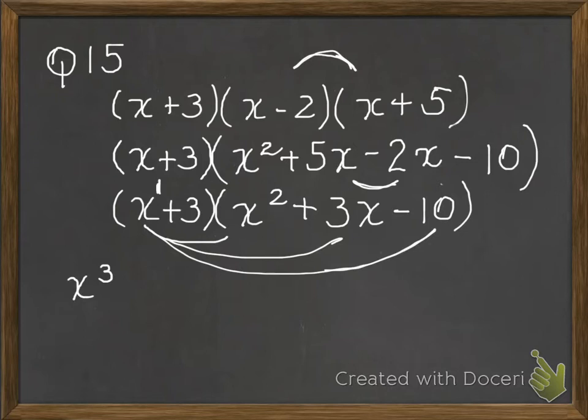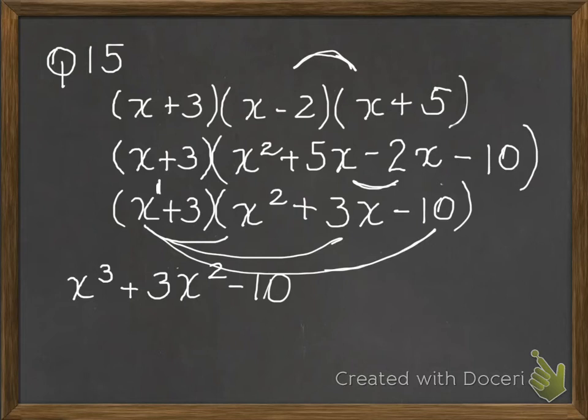X times 3x is 3x to the second, because we have an x to the power of 1 times the 3x to the power of 1. So that's 3x to the 1 plus 1, which is 3x to the second power. X times minus 10 is minus 10x.